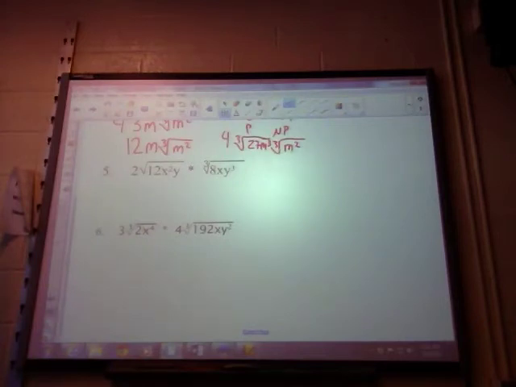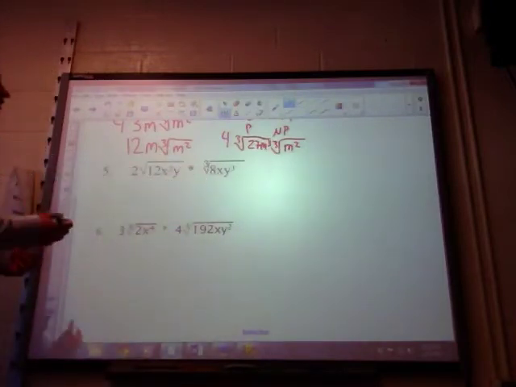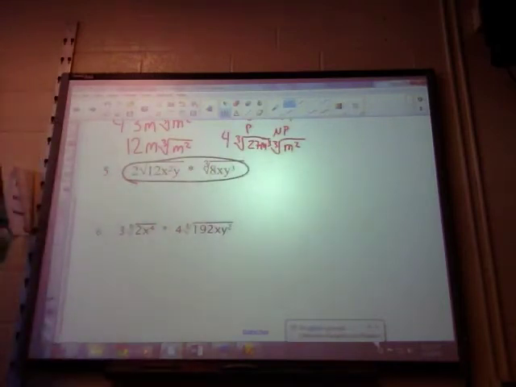2 times the square root of 12x squared y times the cube root of 8xy cubed. Now, you're probably looking at this one and saying, well, this one's a square root, that one's a cube root, what's he going to do? There's nothing I can do. This is the answer. You have to have the same index to combine them.